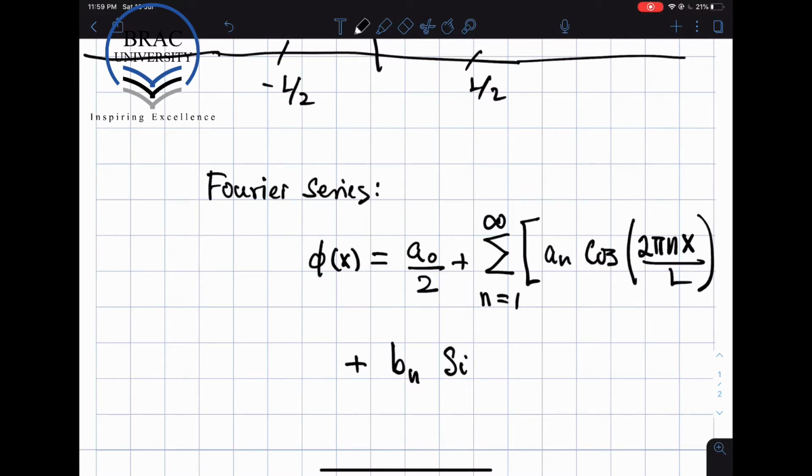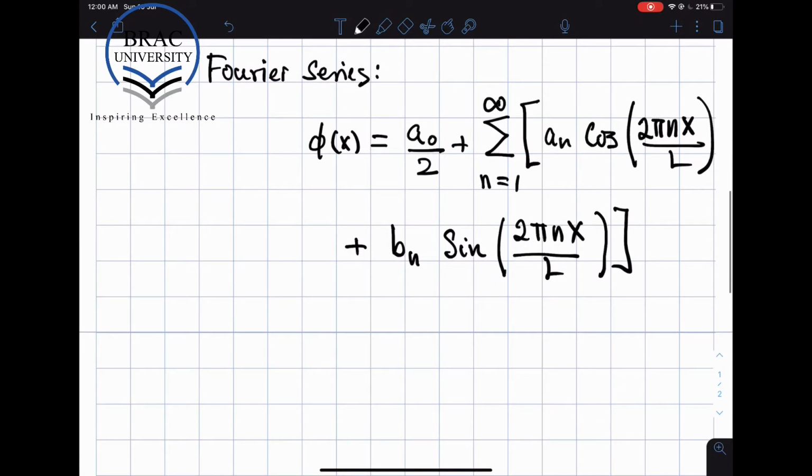This is the famous Fourier series. The coefficients a_n and b_n are called the Fourier coefficients.